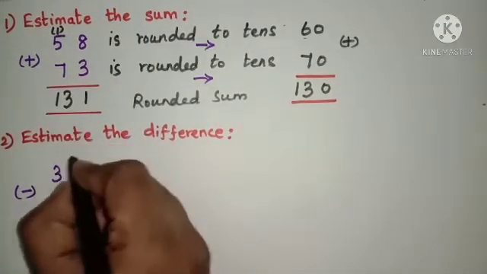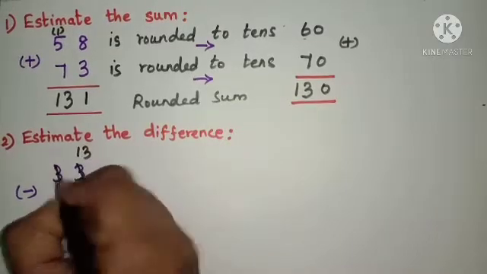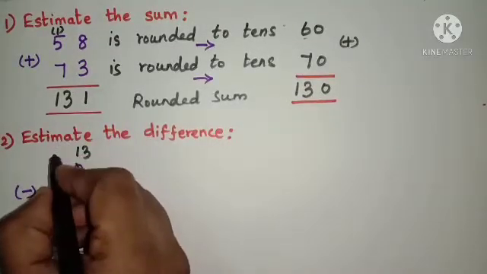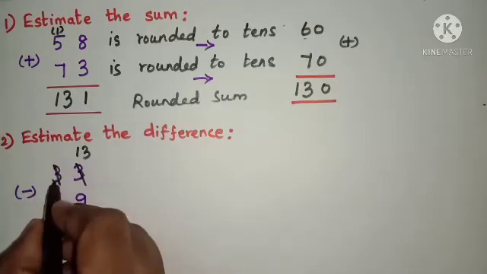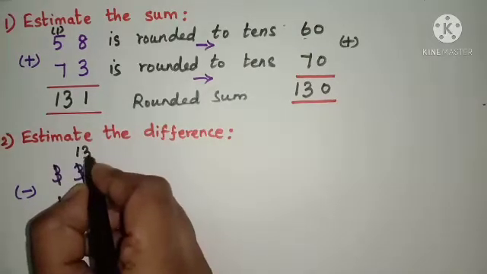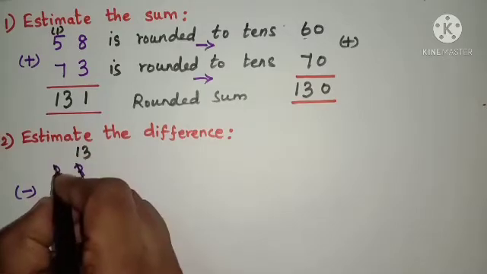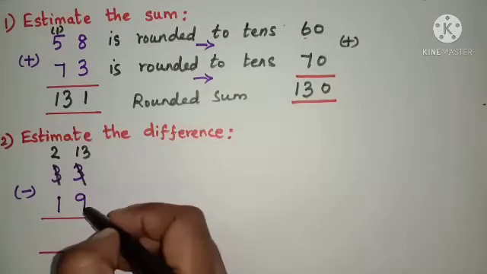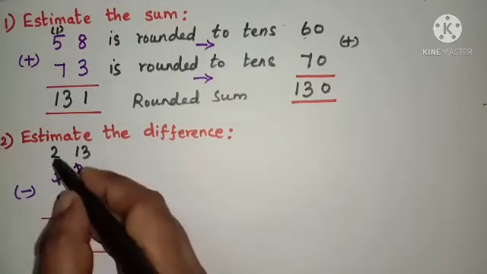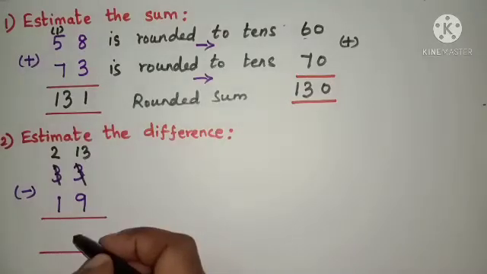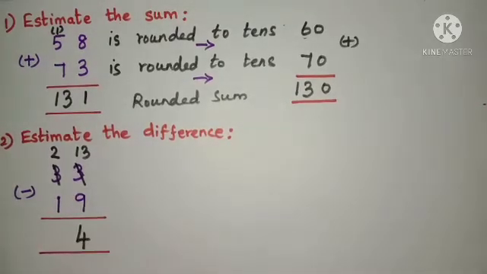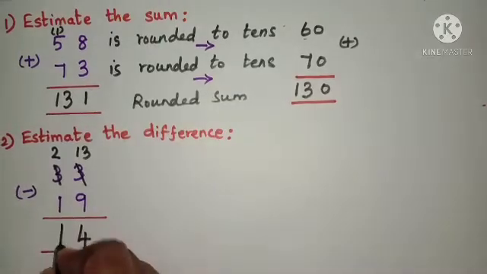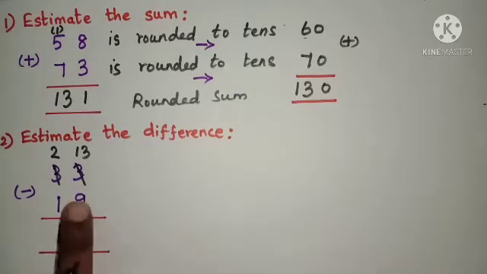So, when we take a ten from the tens place, 3 becomes 13 and here 3 becomes 2. Now we know how to subtract 13 minus 9 and 2 minus 1. 13 minus 9 is, yes, it is 4. 2 minus 1 is 1. Here the difference of two numbers 33 and 19 is 14.